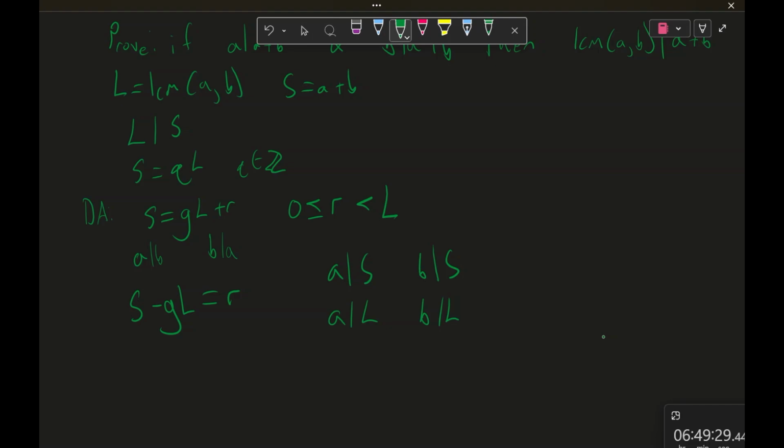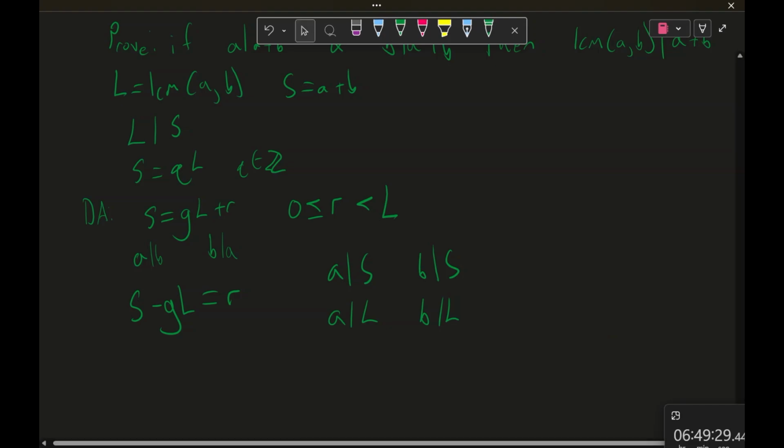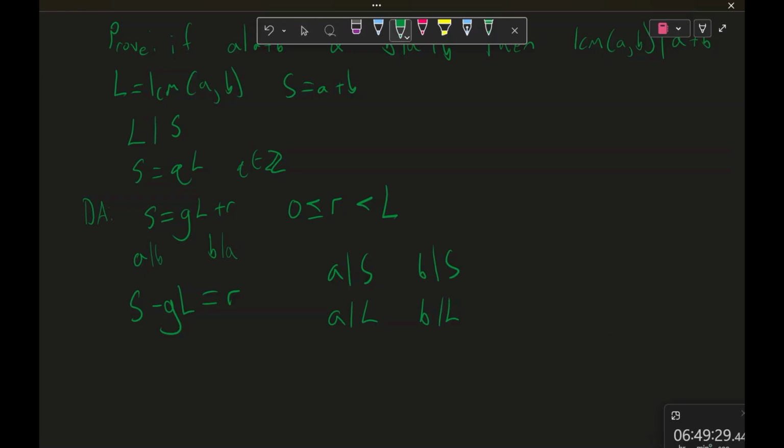S is equal to G1 times A, and S is equal to G2 times B, and then L is equal to G3 times A, and L is equal to G4 times B, for some G1, 2, 3, 4 in the set of integers by the definition of divisibility.